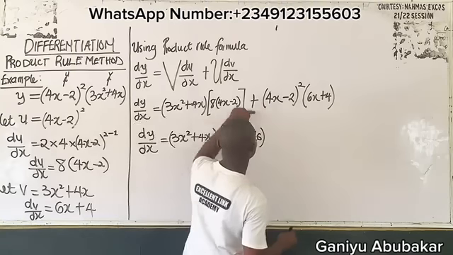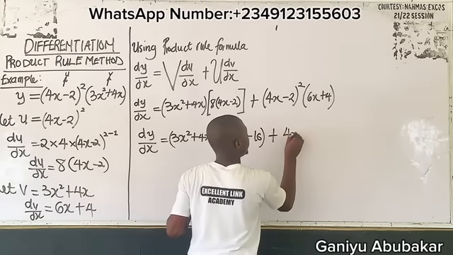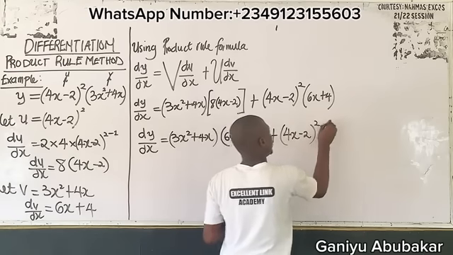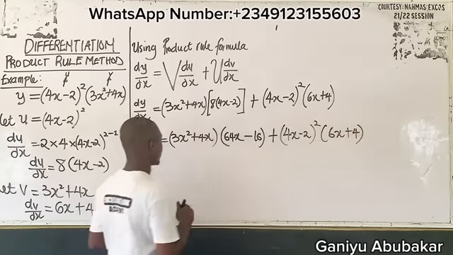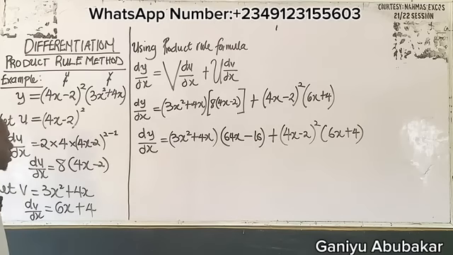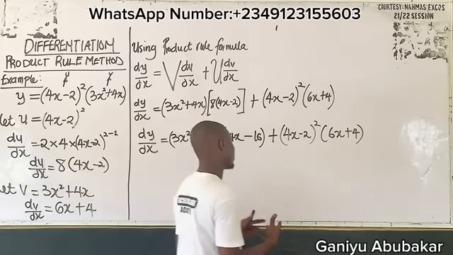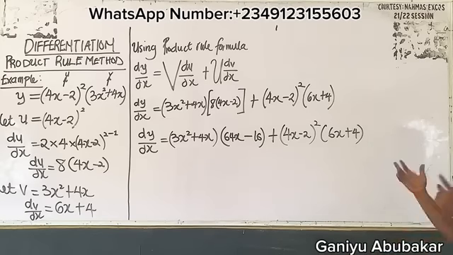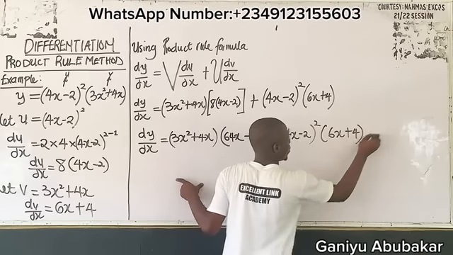Plus, this is plus, (4x minus 2) all squared into (6x plus 4). All right. From here, if I want to, I can leave my answer this way and it's still correct. But if I want to, I can still expand. To save time, I can leave my answer this way. So this is my answer.